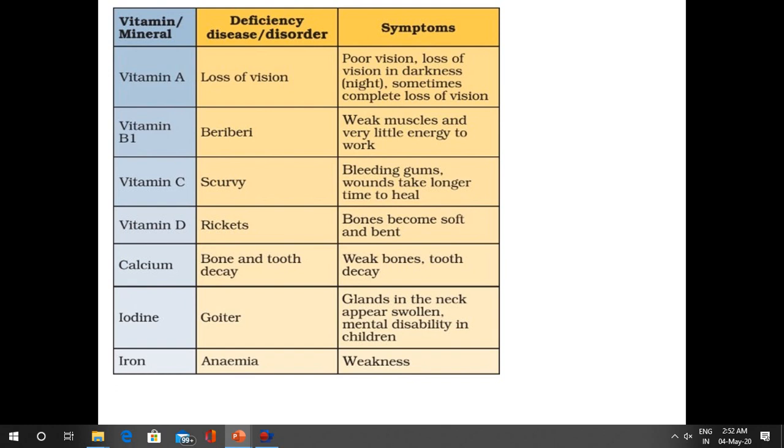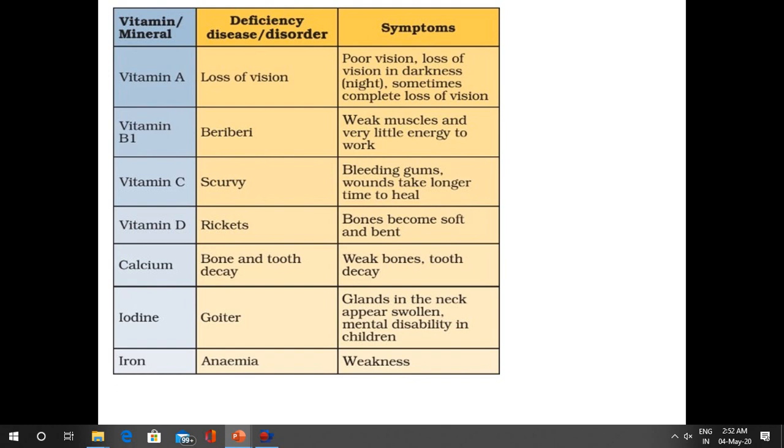For example, vitamin A. When we do not have enough vitamin A in our body, what will happen? Loss of vision. We will not be able to see properly. The symptoms are poor vision, loss of vision in the darkness at night, and sometimes complete loss of vision. The second one is vitamin B1.